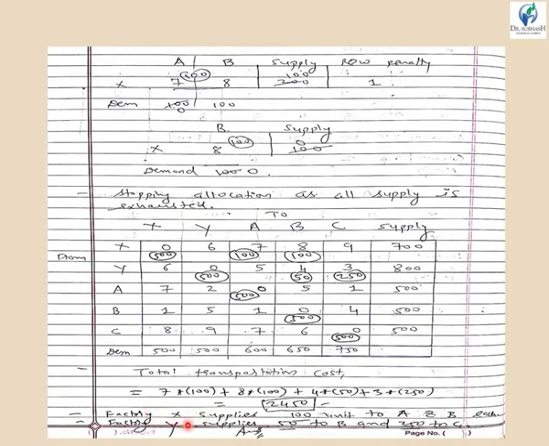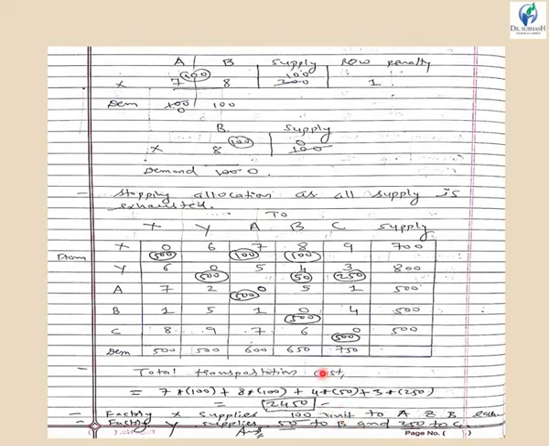Factory X supplies 100 units to A and 100 units to B, and factory Y supplies 50 units to B, and factory Y supplies 200 units to C. So that is how the shipment pattern is obtained in this particular example.